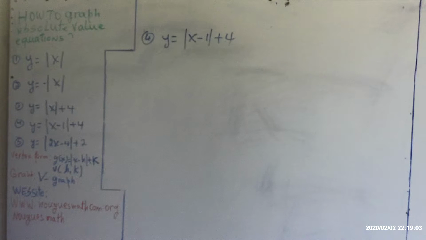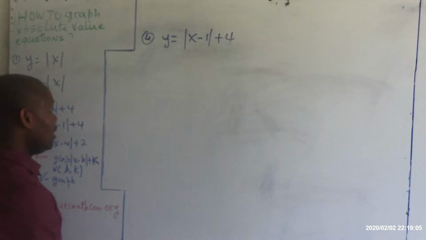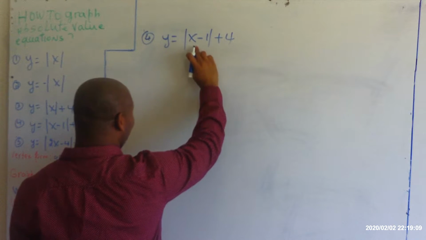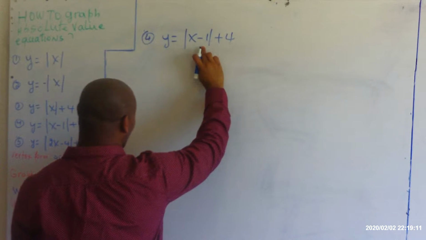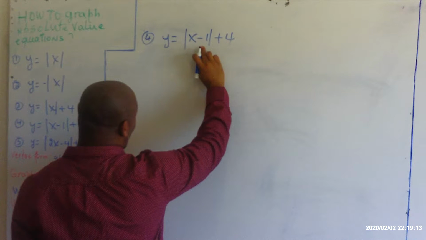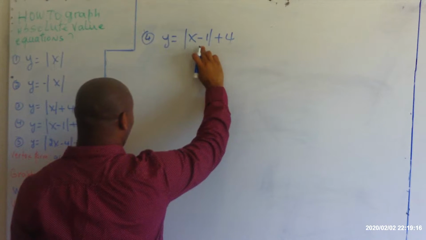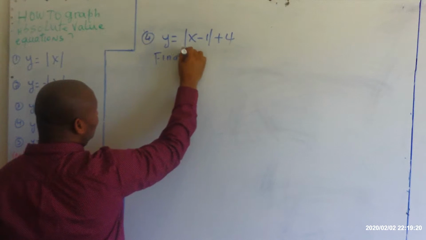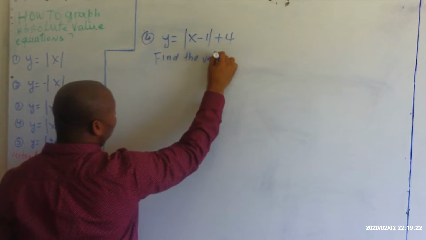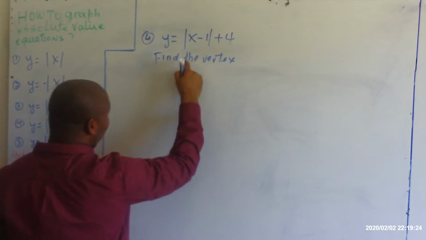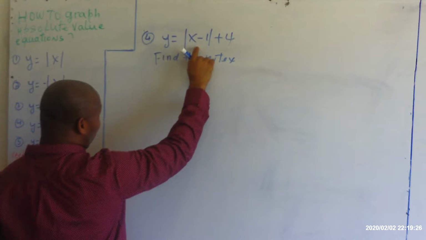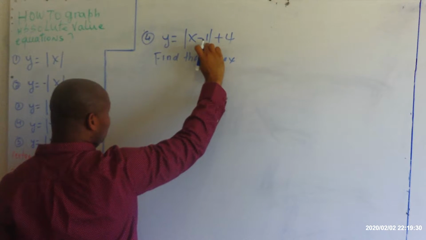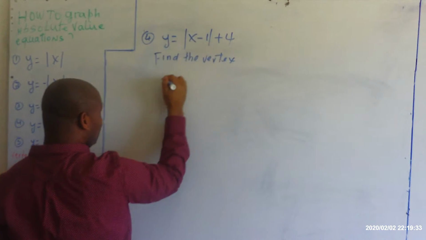To get the x coordinate, I will set x minus 1 equal to 0 to find the vertex. You can write this down. I set this equal to 0 because I know the absolute value of x minus 1 remains x minus 1.